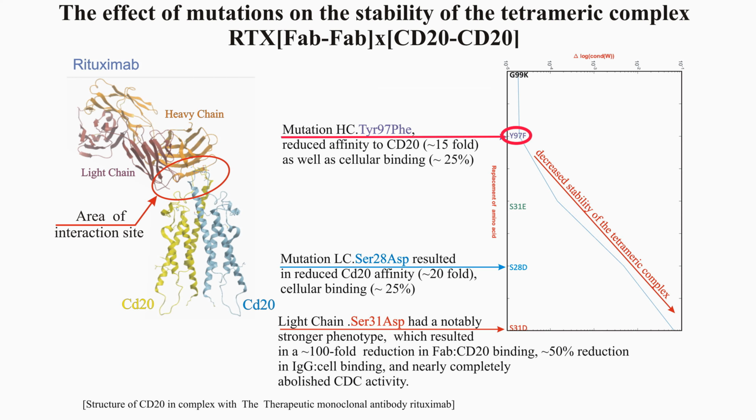Mutation tyrosine 97 phenylalanine reduced affinity to CD20 approximately 15-fold. Mutation serine 28 aspartic acid resulted in reduced CD20 affinity approximately 20-fold, and serine 31 aspartic acid mutation resulted in approximately 100-fold reduction in Fab CD20 binding.